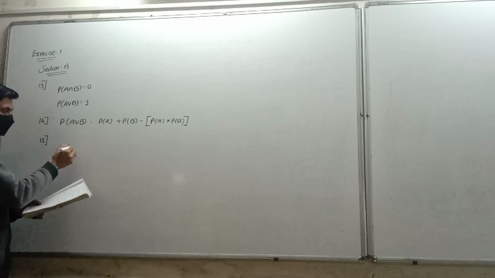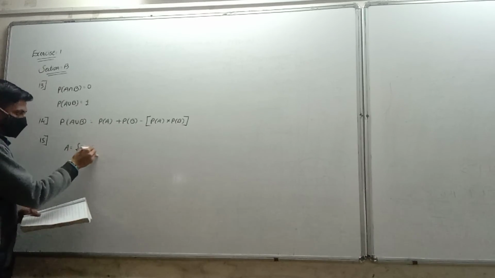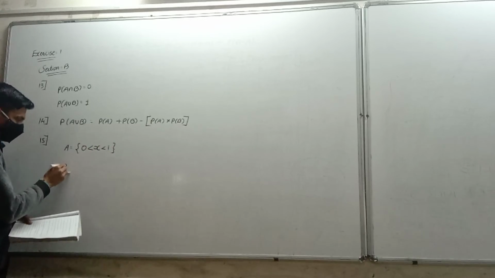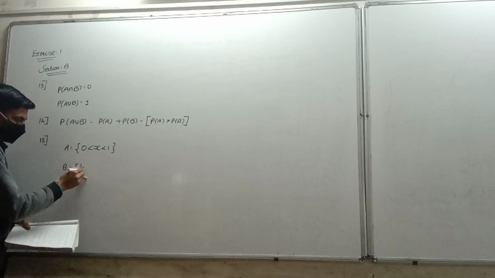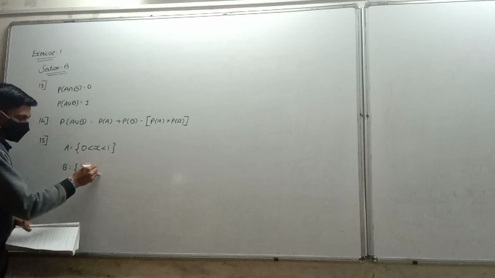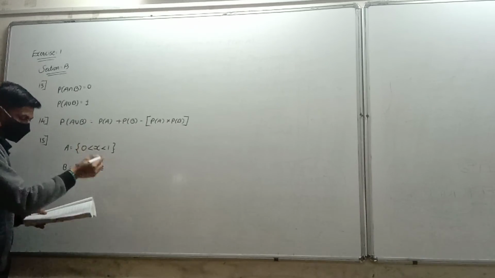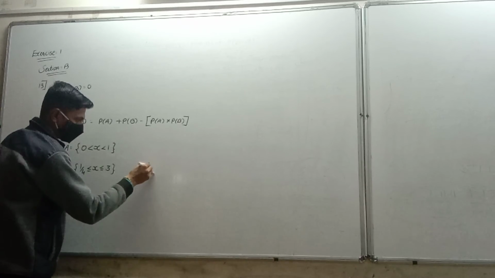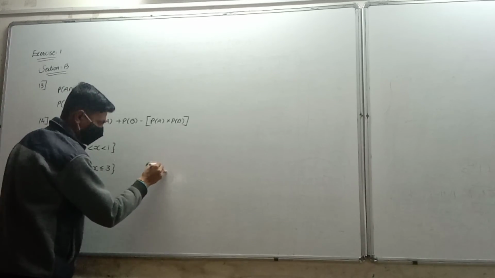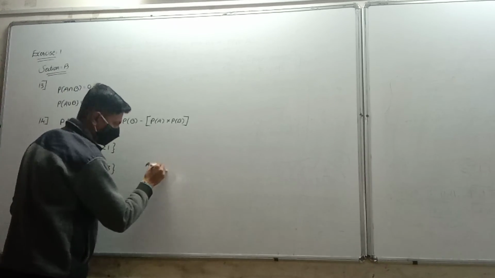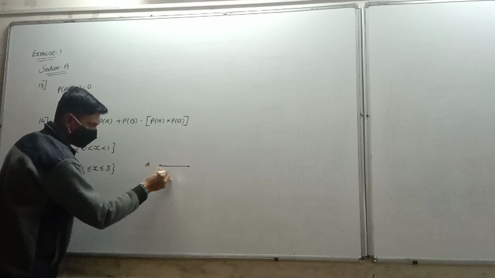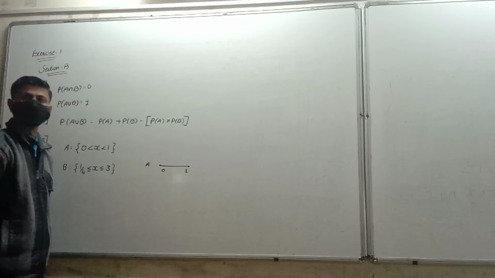Event A: 0 less than x less than 1. Event B: 1 by 4 less than or equal to x less than or equal to 3. First, write down event A: 0 to 1.